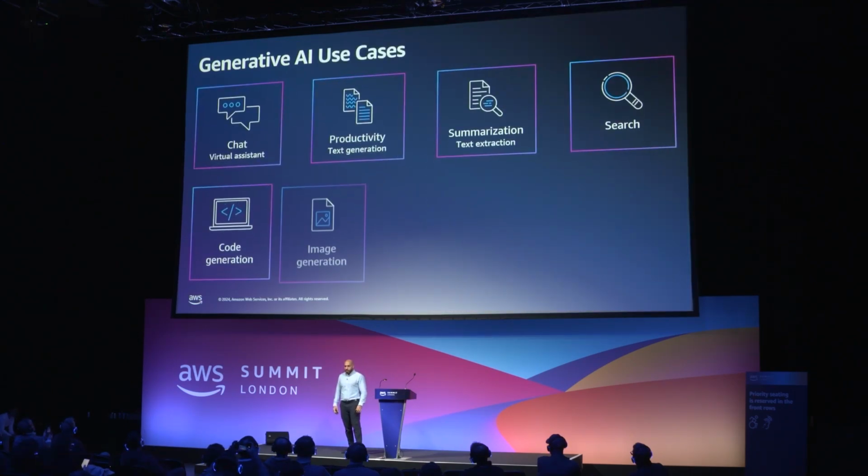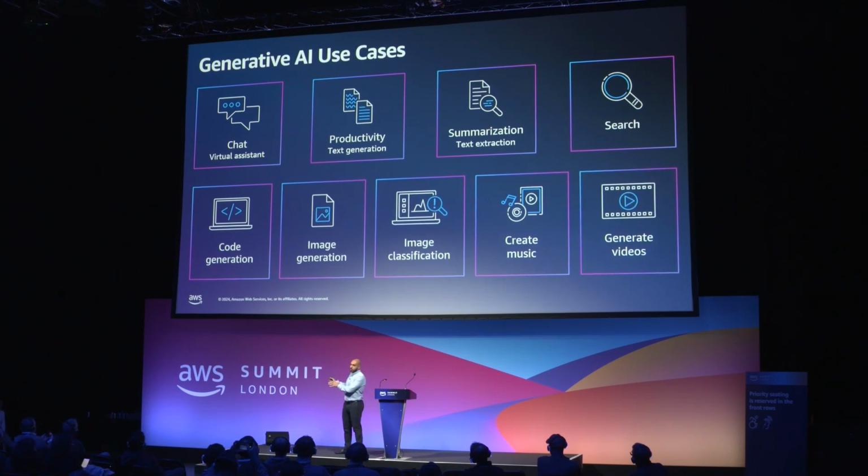Now, what can Gen AI be used for? Now, of course, I'm sure you're all familiar with the virtual assistant use case. It's the way that many of us got introduced to Gen AI. But there are many other use cases like text generation, for example. So if you wanted to produce a new poem in the language of Shakespeare, you could train a Gen AI model with The Merchant of Venice and Romeo and Juliet and have a new poem spoken like Shakespeare, for example.